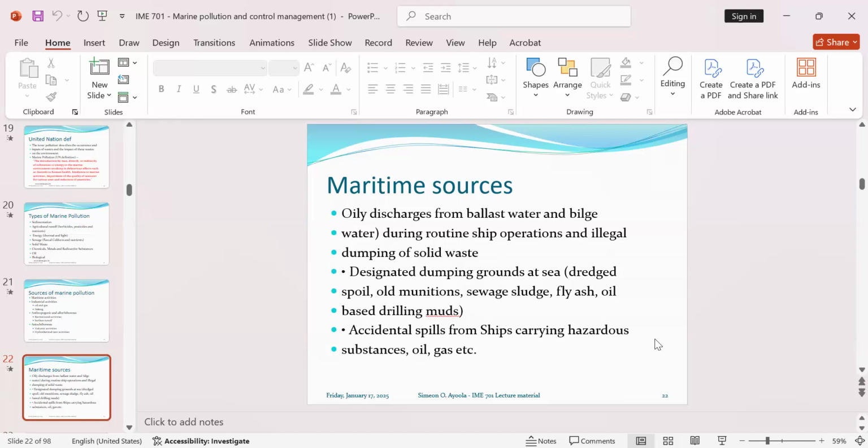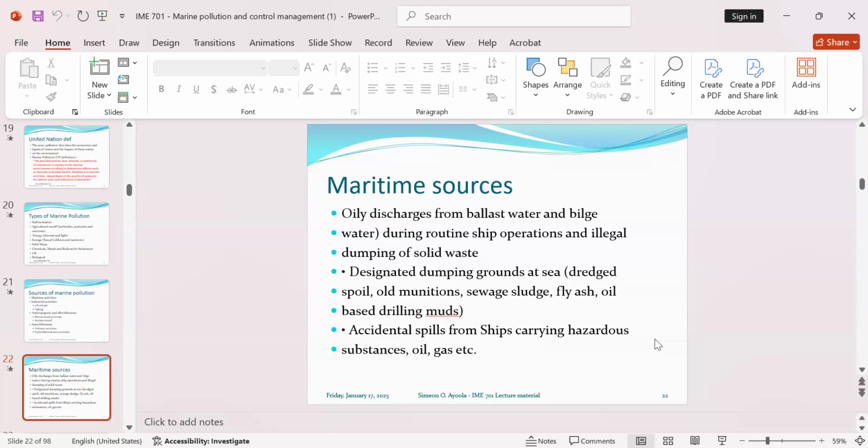Not only that, ballast water is often not well screened, so organisms are transported from one region to another. That is also part of pollution. Then there is dumping of solid waste into the water body. Most of these vessels can be on water for months, and they will be eating, so their waste is dumped into the marine environment, which is illegal under IMO laws.